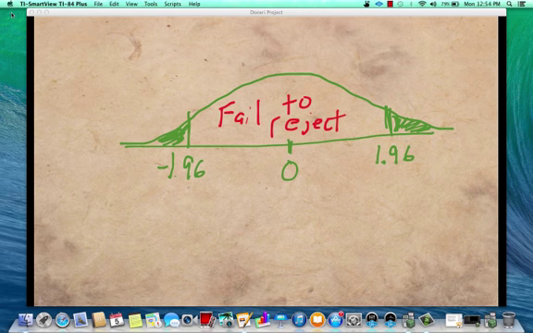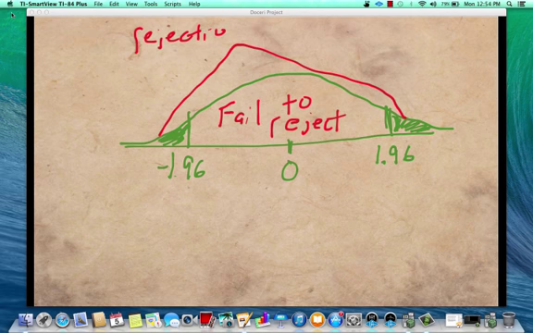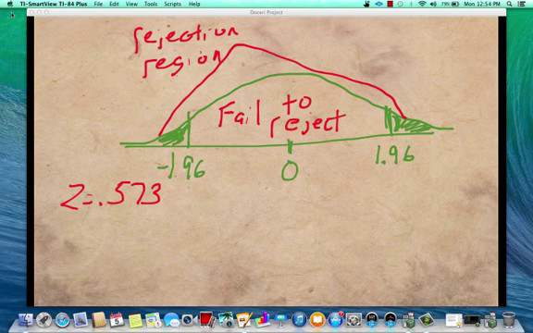Now, if it's out in this boundary here, we're into the rejection region. Now, what did we have for z-score? Well, we had 0.573. Well, that's about right in here.